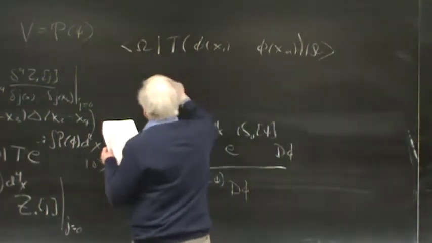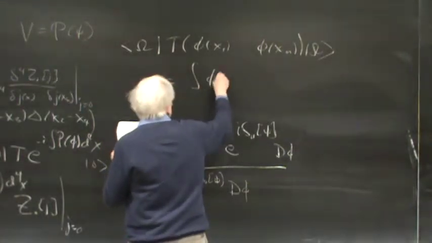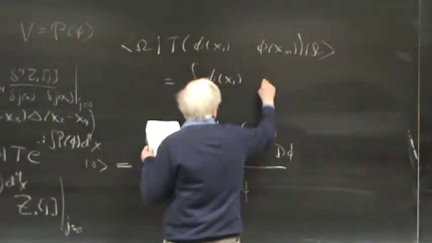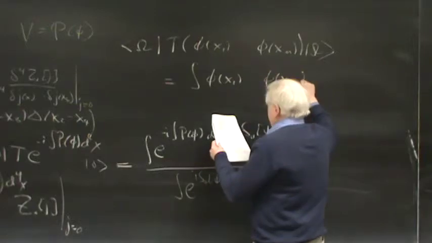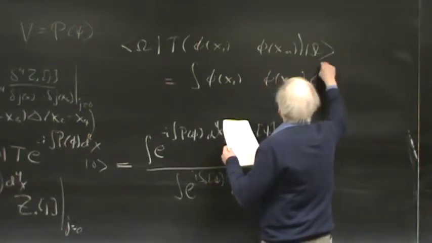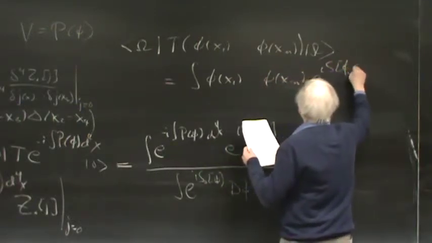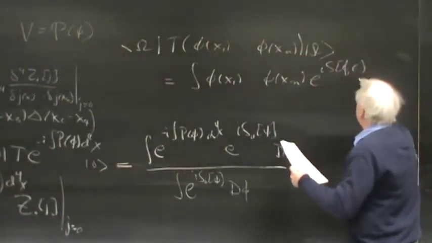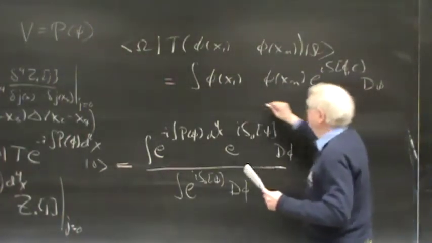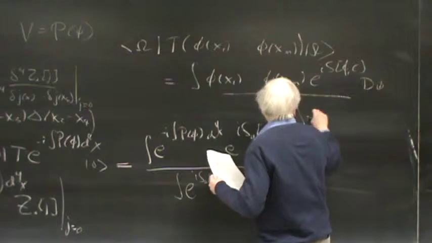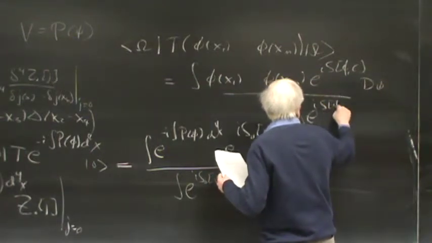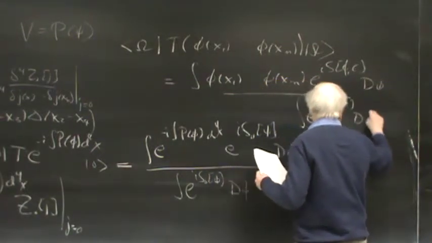This is then equal to, it's still a ratio of path integrals, phi of x1, ..., phi of xn, e to the i S of phi and epsilon, I'll say what epsilon is in a minute, divided of course by the integral of e to the i S of phi and epsilon, d phi.